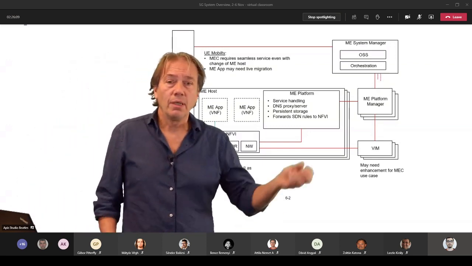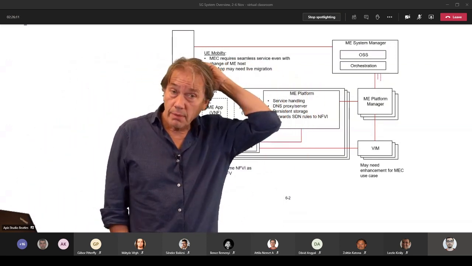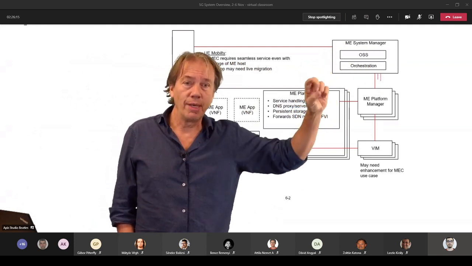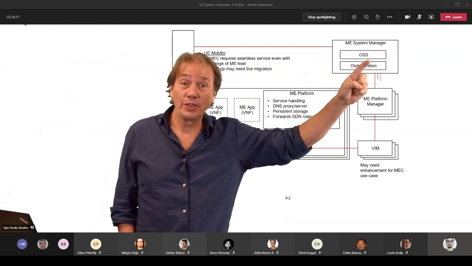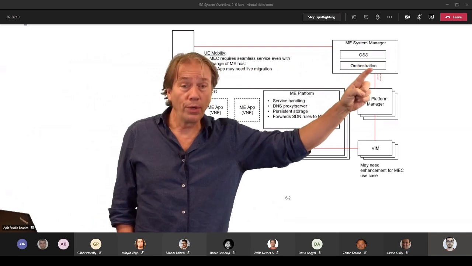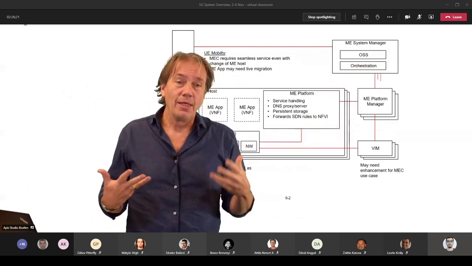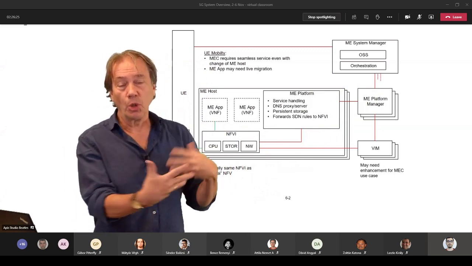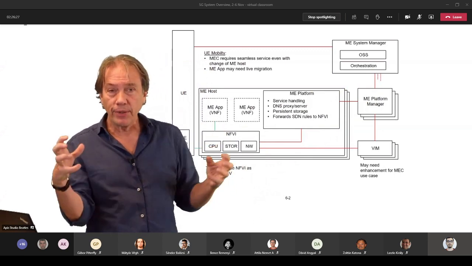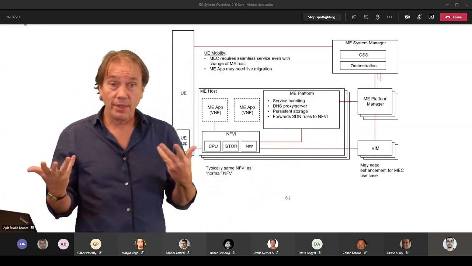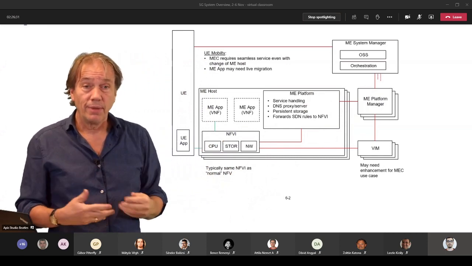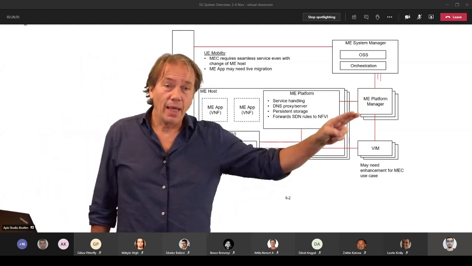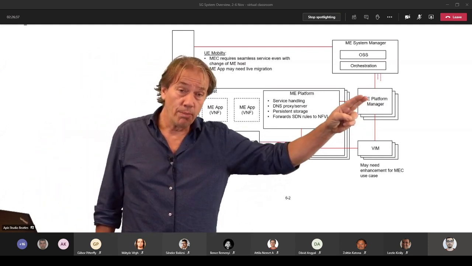There is a multi-access edge system manager, OSS, operation support system, orchestration, meaning starting things and moving things and stopping things and making things bigger and smaller, and that type of network management activities. There is a ME platform manager.